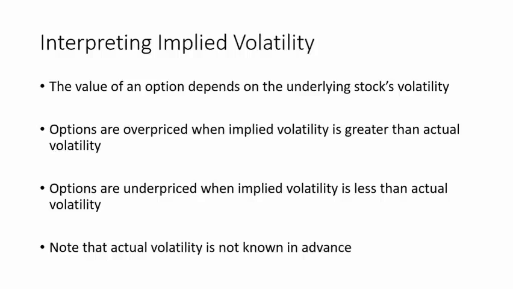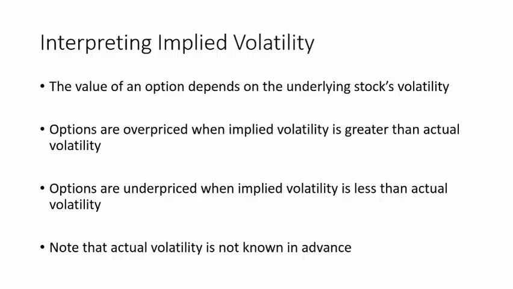So the second way that we can interpret implied volatility, remember the first way is as a normalized option price, a way to compare different options, is to help us determine whether an option is overpriced or underpriced. For this, you need to look at the actual volatility relative to the implied volatility.